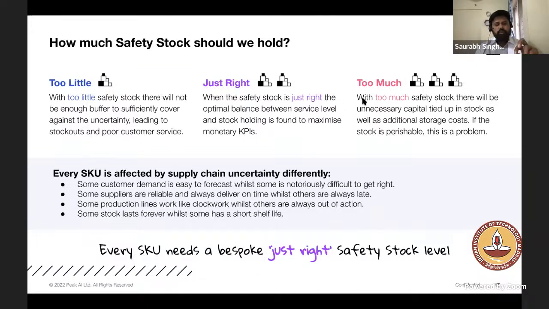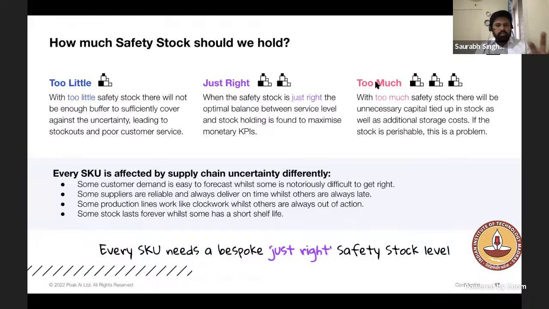Suppose you have too much safety stock, what will happen in that scenario? With too much safety stock, there will be unnecessary capital tied up in holding that stock or inventory, which also causes additional storage cost. And if the stock is perishable, meaning its shelf life is short, then this is a problem.